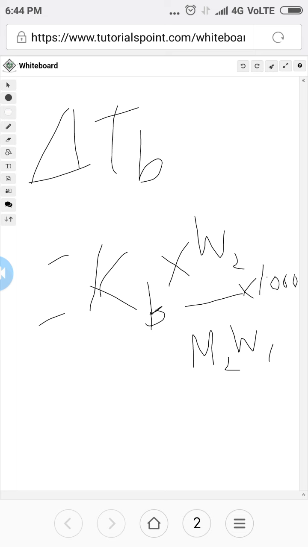Here W2 is the weight of solute in gram, M2 is the molecular mass of solute, and W1 is the weight of solvent in gram.